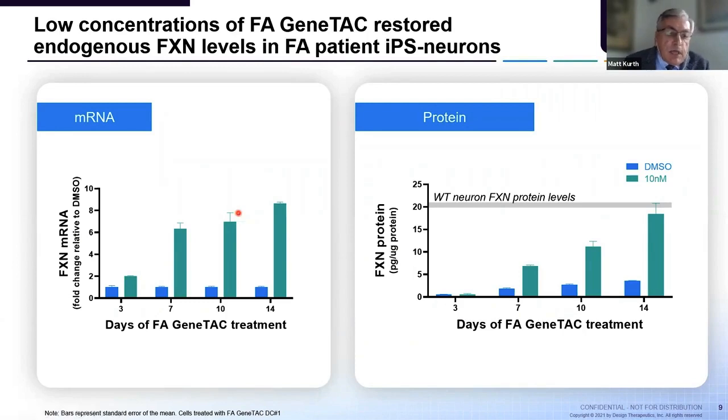And these are tenfold change from baseline in relationship to DMSO placebo control. A few days later, on the right side, you can see that at the same level of 10 nanomolar with GeneTAC treatment, we begin to see the production of frataxin protein approximating almost the level seen in wild-type neurons, in other words, almost normalized.